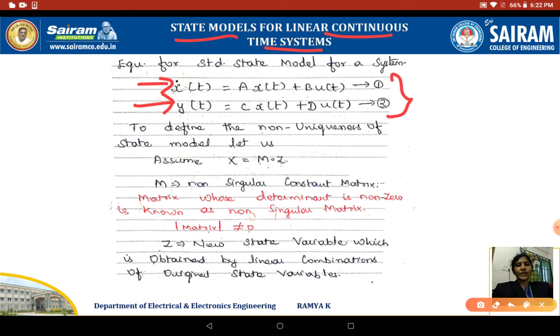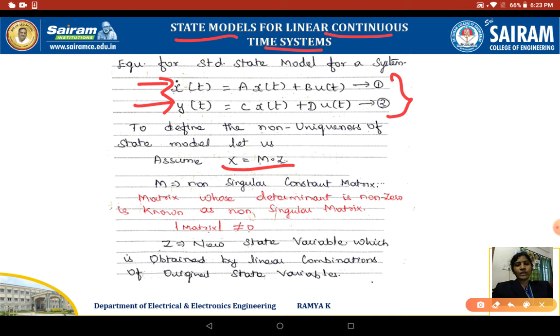Now, for this linear continuous time system, we are going to insert a new variable z, such that x is equal to M into z, where M is a non-singular constant matrix whose determinant value should not be equal to 0. This is the condition. So we are going to assume a new state variable z.